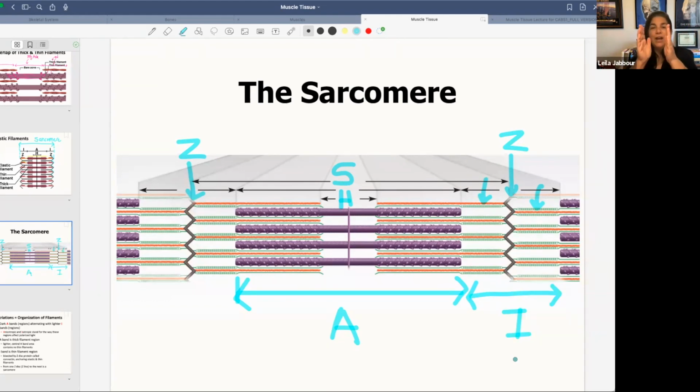There's a half of an I band in one sarcomere and the other half of the I band in the next sarcomere. The whole I band spans two sarcomeres and is bisected by the Z disc. Okay, so a sarcomere is basically half of an I band, an entire A band, and half of the next I band.